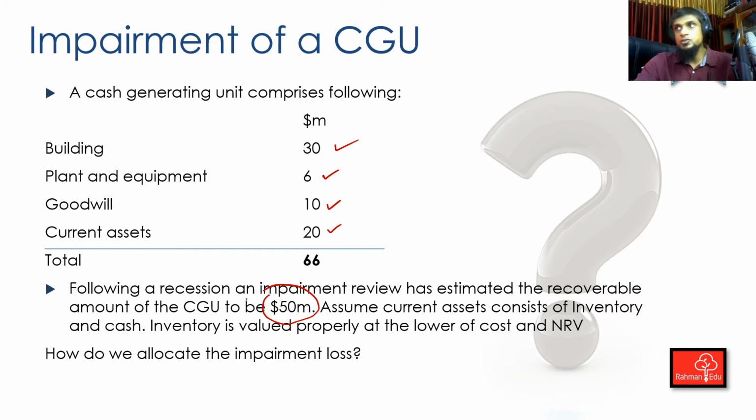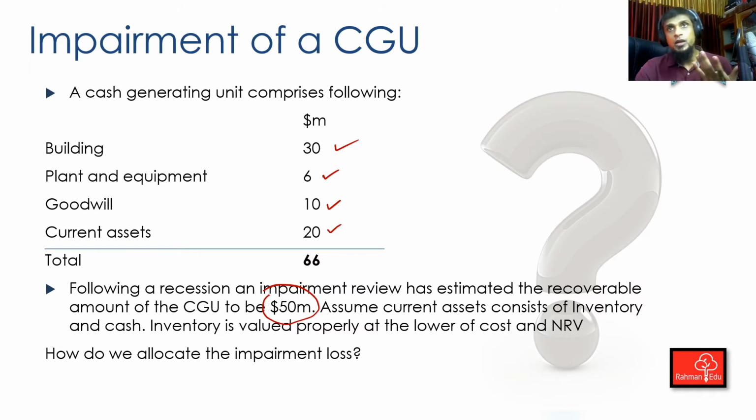Assume current assets consist of inventory and cash. We know that, but if it is not given, we will assume it. Inventory is valued properly at the lower of cost and NRV. Inventory is outside of the scope of IAS 36, but impairment is also applied on inventory under IAS 2.